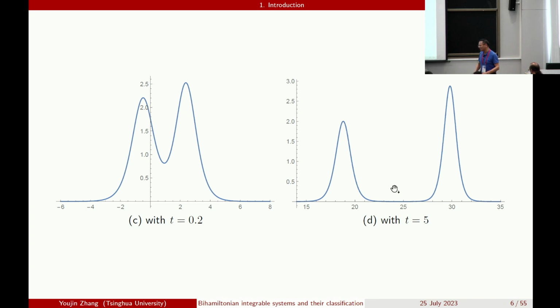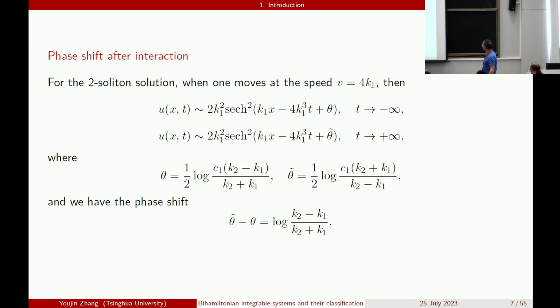So these are typical examples of nonlinear interactions, which we now call soliton interactions. For example, if we take the speed 4k1 for the first wave and the speed of the second solitary wave, at t tending to -infinity we see one traveling solitary wave solution.